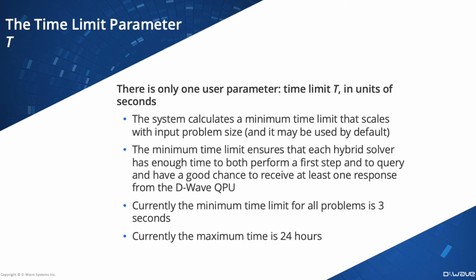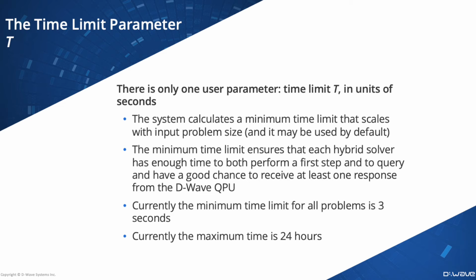If you don't put in a time limit, it'll just use the minimum that it's calculated by default. The minimum ensures that each hybrid solver used in the portfolio has enough time to do both a first step and also to query and get a response from the QPU.